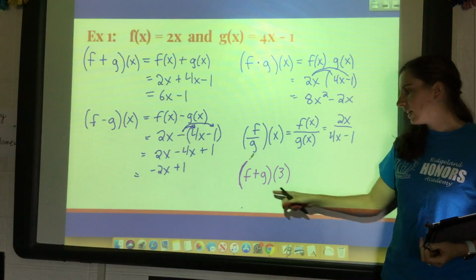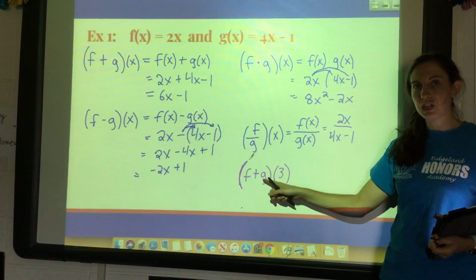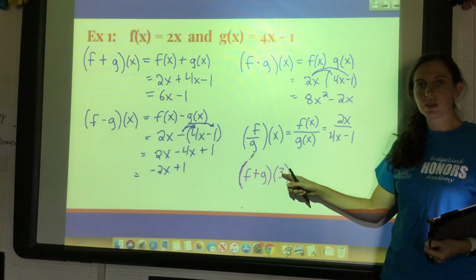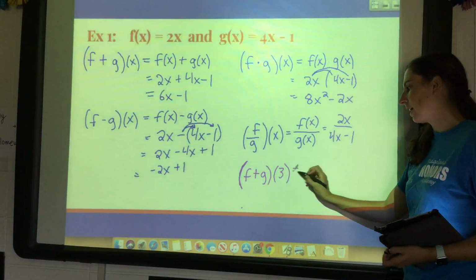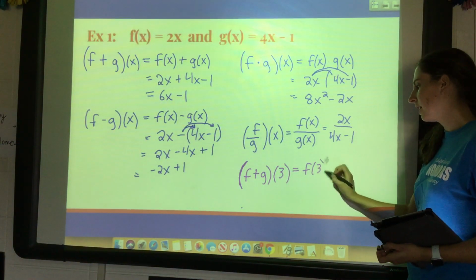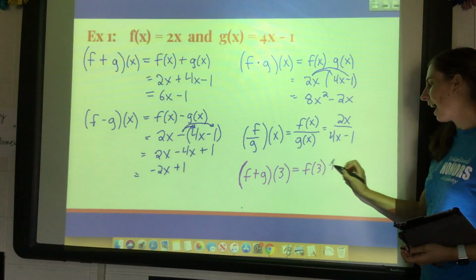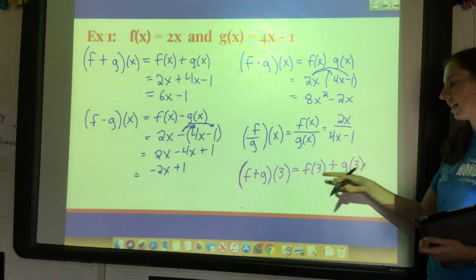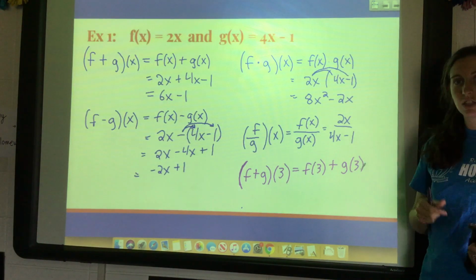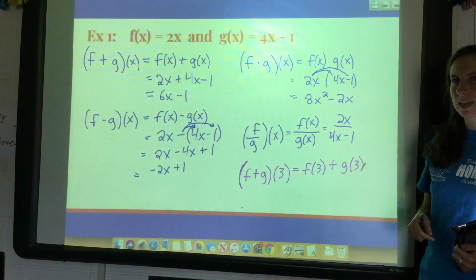What you can do is combine f plus g first, then put in the 3 as an input, or you can separate it. You could do f of 3, see what you get out, and add it to g of 3. Like, do these individually and add them together at the end. Let's actually try both and see if we really do get the same thing.